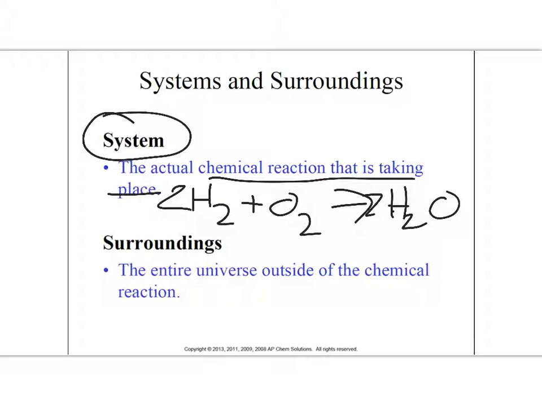That is our system right there, the gases and the water vapor that is produced. Then we have the surroundings. The surroundings is everything outside of that chemical reaction. In other words, the entire universe. So the system and the surroundings. The system is very specific. The surroundings is everything else.